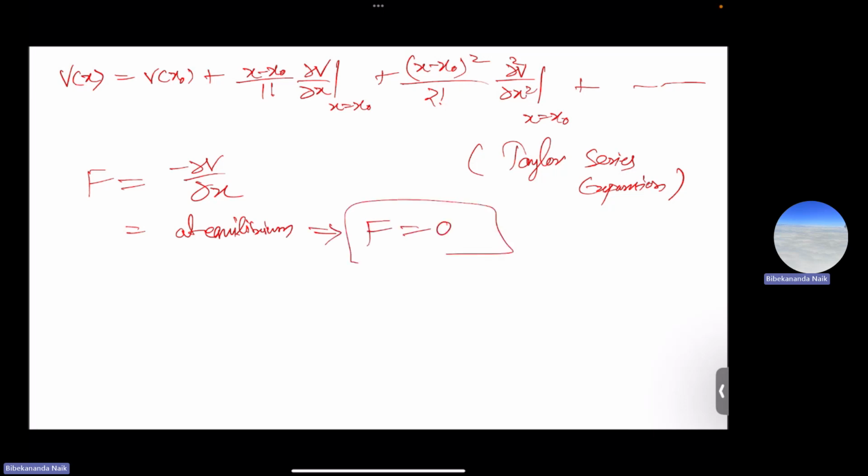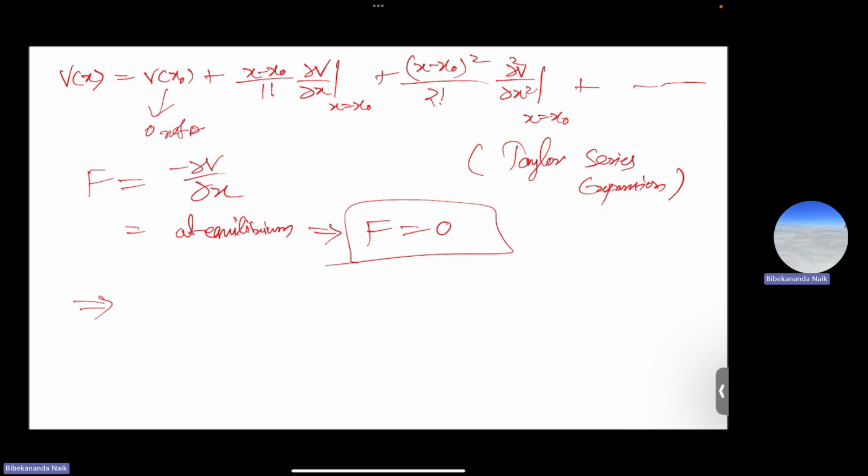So the value of del V by del x is 0 only. Now if x0 is the reference point, then V(x0) will again be 0.